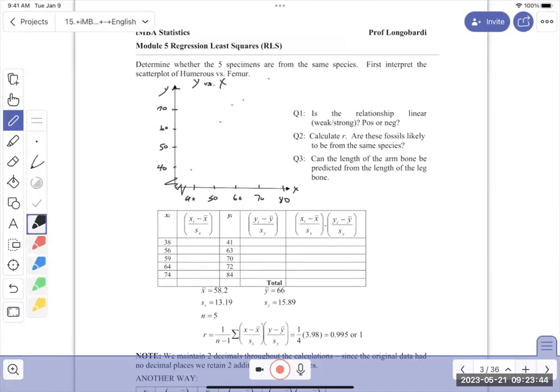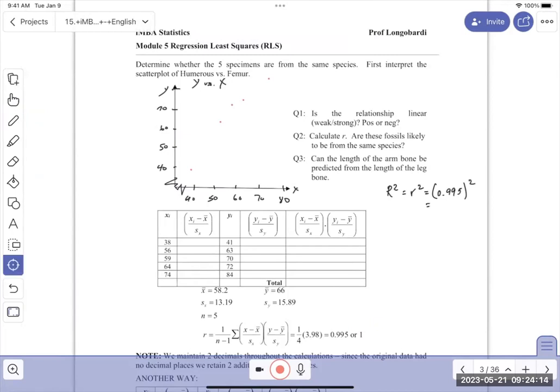So R square. Now, if you do 0.995, you get 0.99.